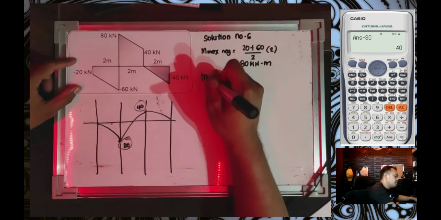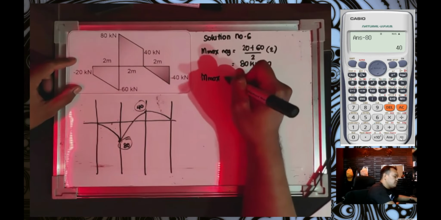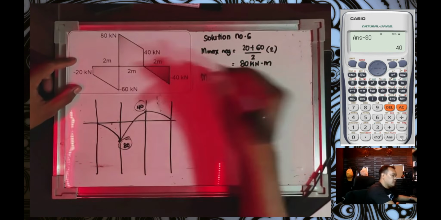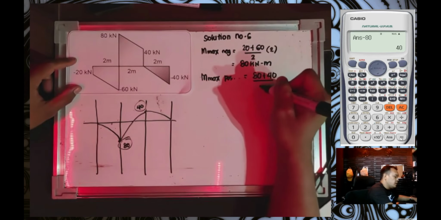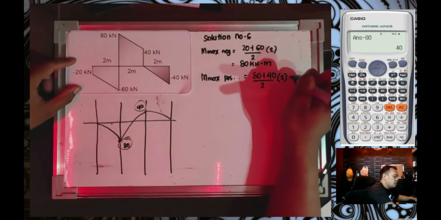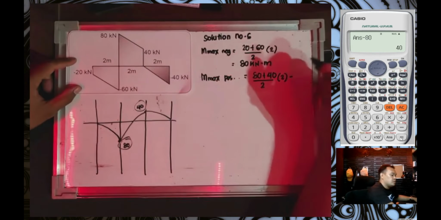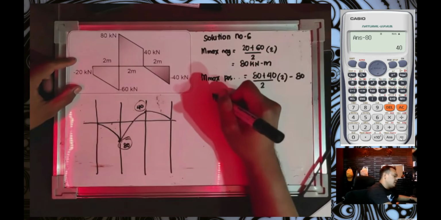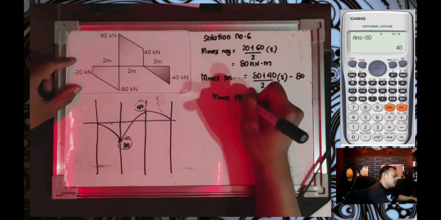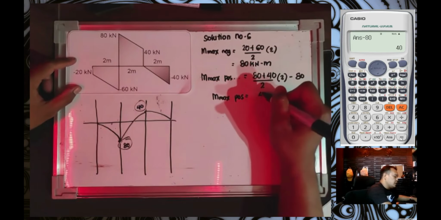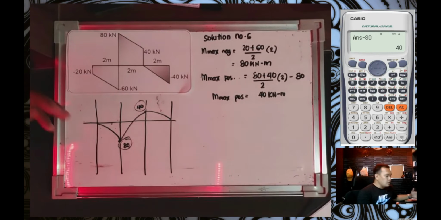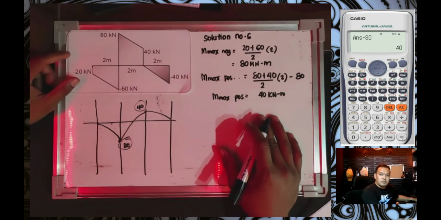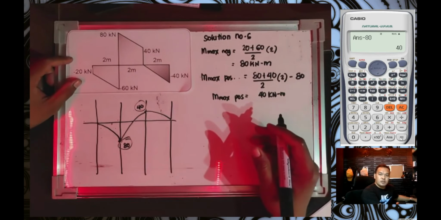For the M max positive, equivalent sa area nito: 80 plus 40 divided by 2 times 2, minus lang ng area nito, so meron kang 80. Therefore, M max positive is equivalent to 40 kilonewton meter. Ganun lang yung proseso pagdating sa shear and moment diagram, area method, and shear and moment equation.